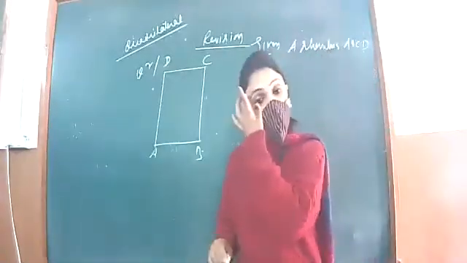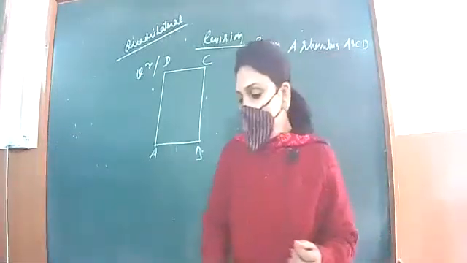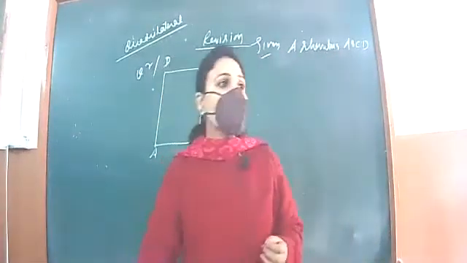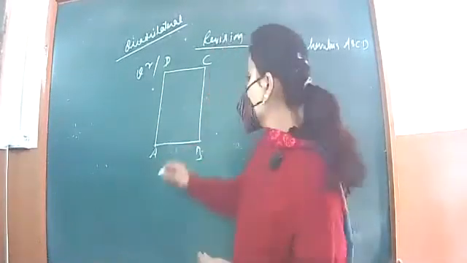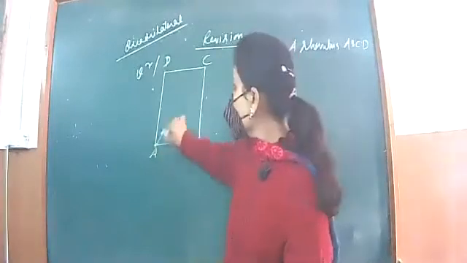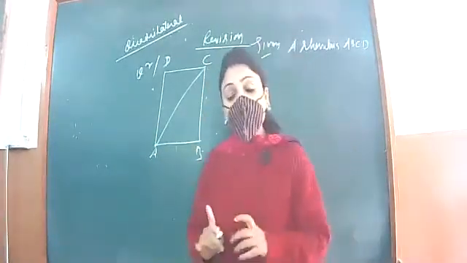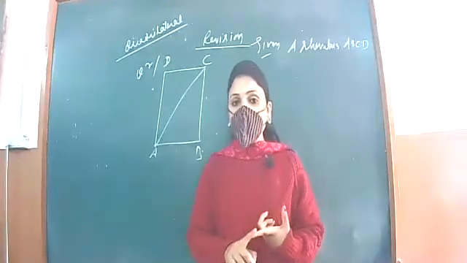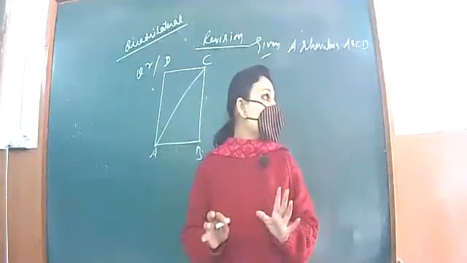ABCD is given to be a rhombus and we want to prove that diagonal AC bisects angle A as well as angle C. And in the same way we have to prove that diagonal BD bisects angle B as well as angle D.